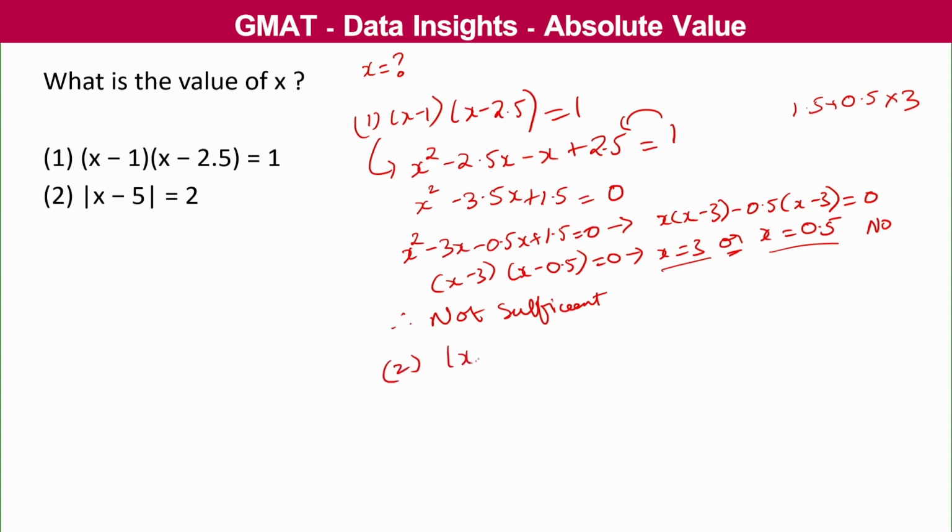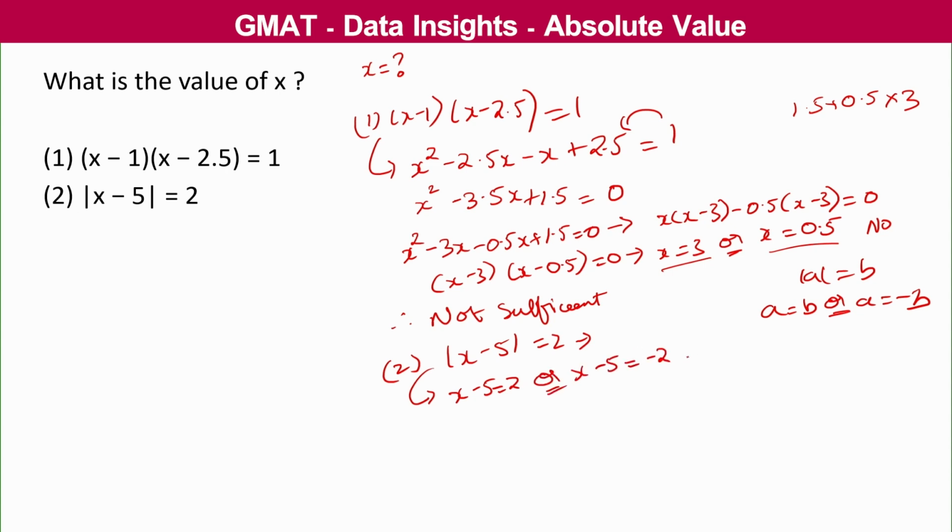You have mod of x minus 5 is equal to 2. So we know that when mod of a is equal to b, either a is equal to b or a is equal to minus b. So therefore, the statement will be converted as x minus 5 is equal to 2 or x minus 5 is equal to minus 2, which means that x, when you take minus 5 to the other side, x is equal to 7 or x is equal to 5 minus 2, that is 3.